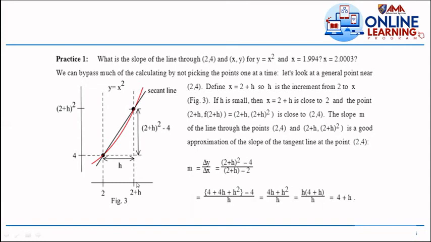Magmula dito hanggang dito, we have 2 plus h. So ito po yung sinasabi ko kanina na magmula dito hanggang dito, that is your rise. Okay? That represents your delta y. Magmula dito hanggang dito, that is your run, which represents your delta x. And then magmula dito, the point of intersection between the 2 points, if we're going to connect them, that's what we call the slope.